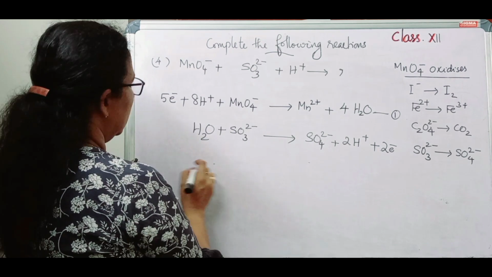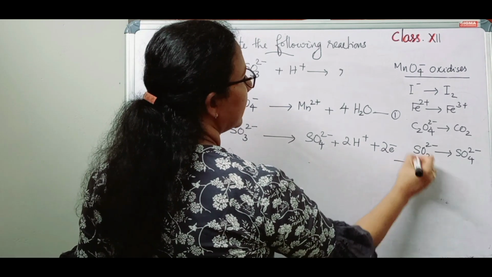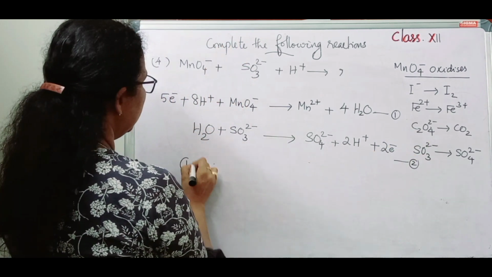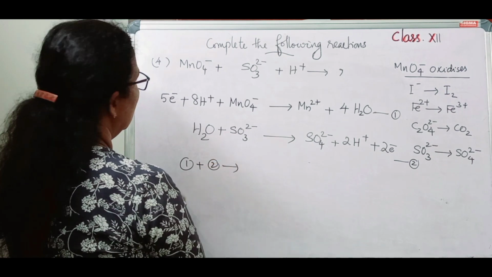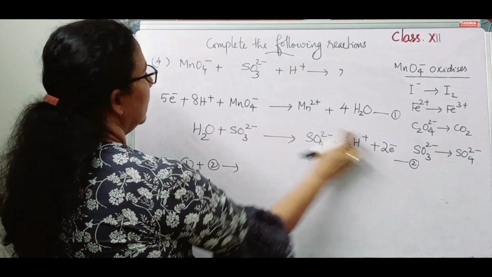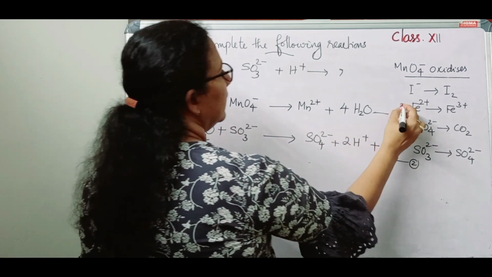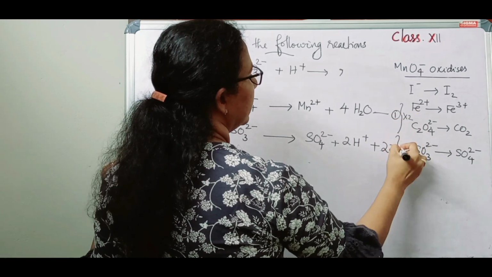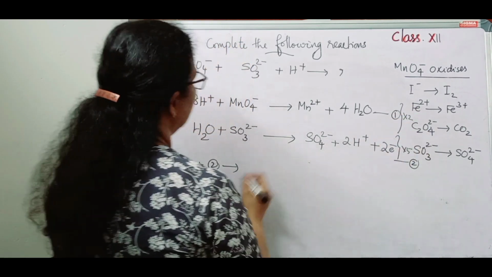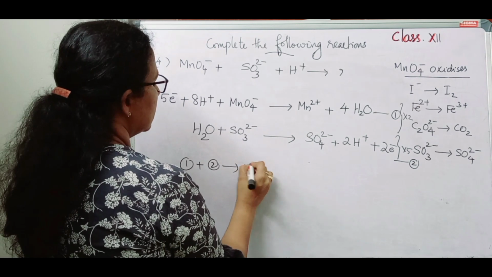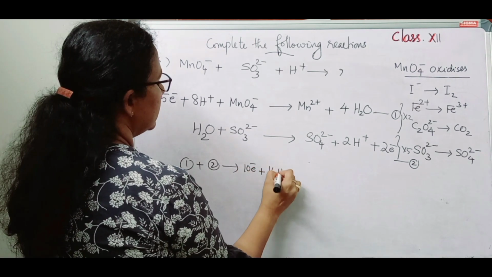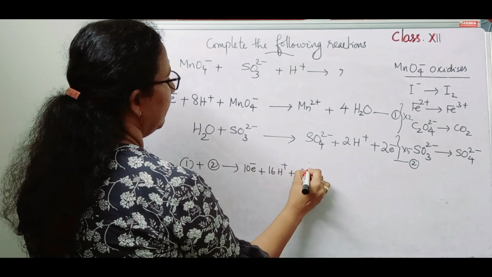Then comes addition of 1 and 2. This is the second equation. This is the first equation. 1 plus 2. So before that, equalize the number of electrons. Here we can multiply with 2. Here we can multiply with 5. Then 10 electrons plus 16H+ plus 2 MnO4-.